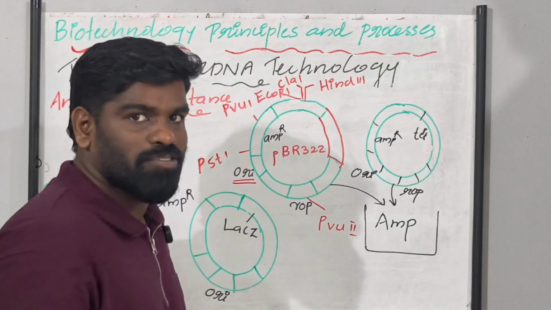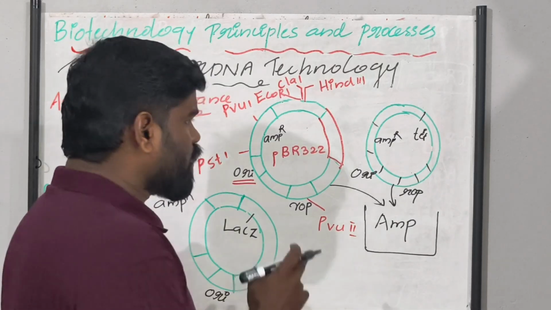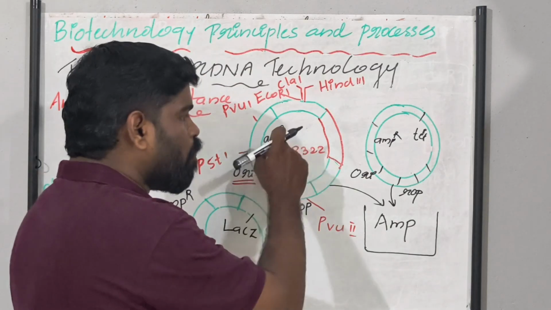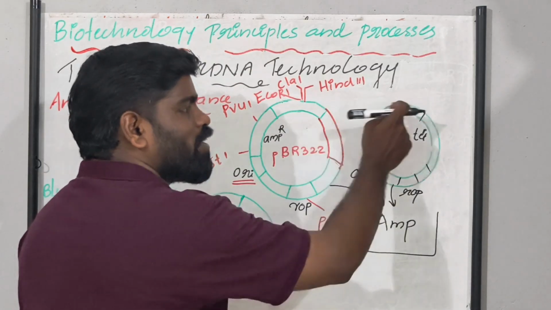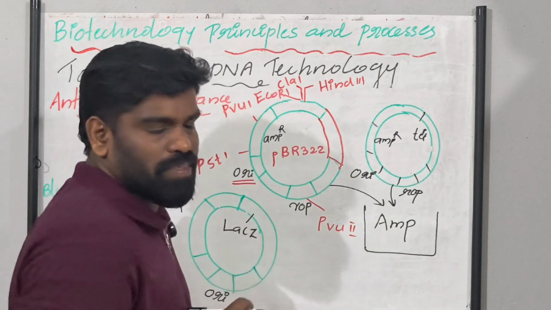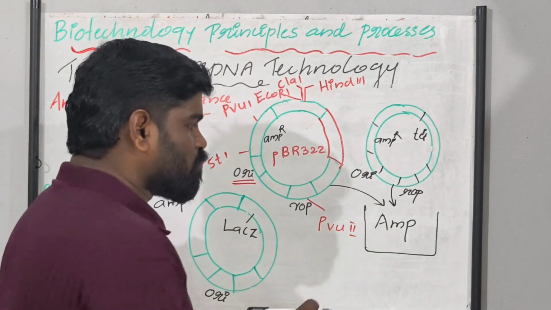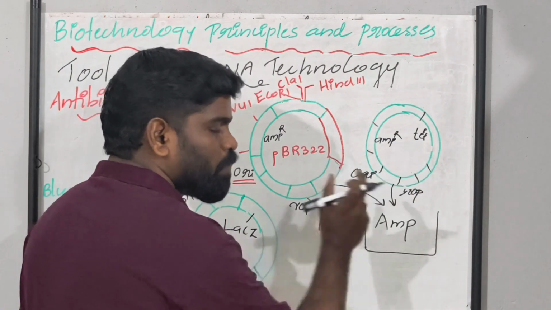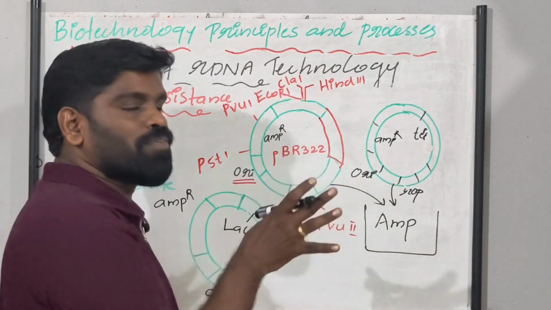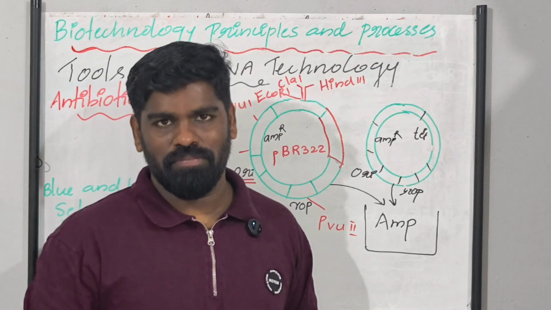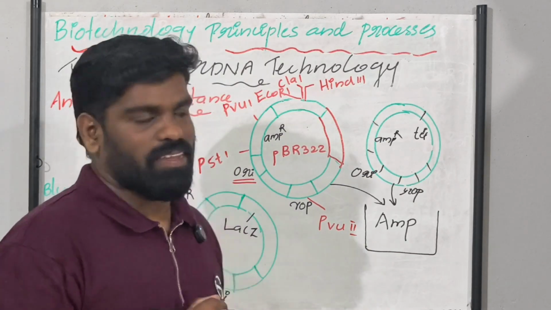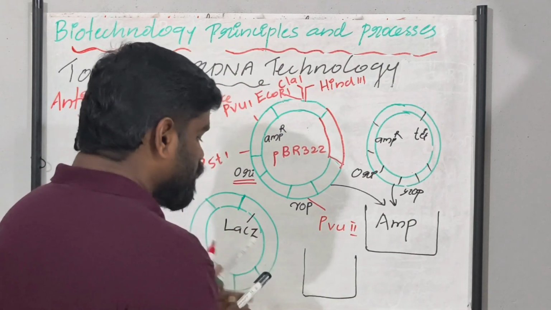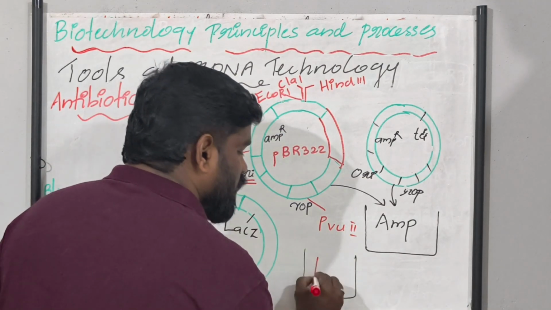Ampicillin is an antibiotic, and both non-recombinant and recombinant have the ampicillin resistance gene. So both will resist the ampicillin.